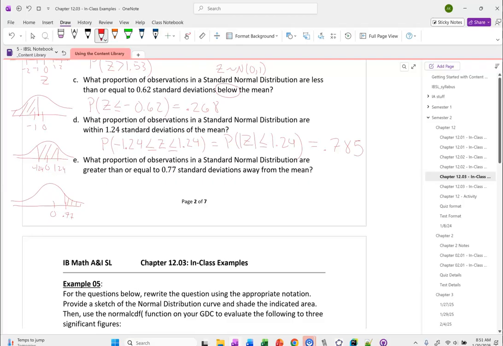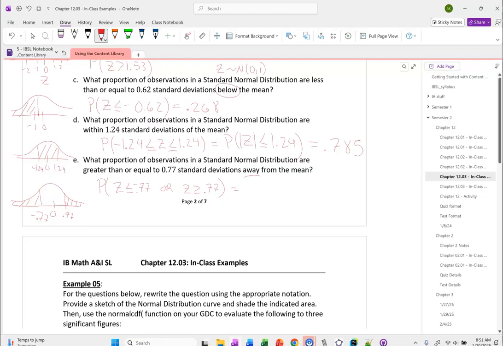But it says away and not above, so where else could it happen? Could be that way also, right? So we write it that way.